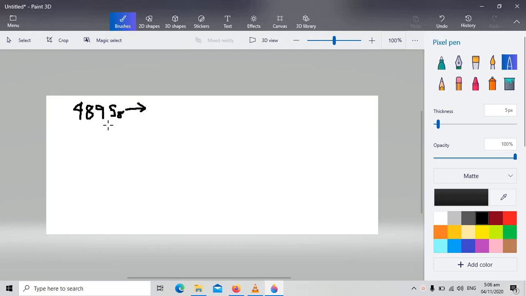Alright, now we have the fifth problem here. Do the same process again. Multiply it by 2 and you will get the decimal number in this problem.